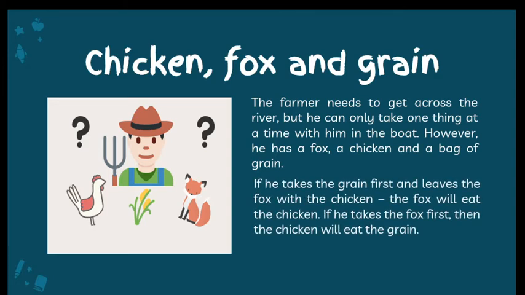If he takes the grain first and leaves the fox with the chicken, the fox will eat the chicken. If he takes the fox first, then the chicken will eat the grain. Wow, this is so inconvenient for the farmer. What should the farmer do?